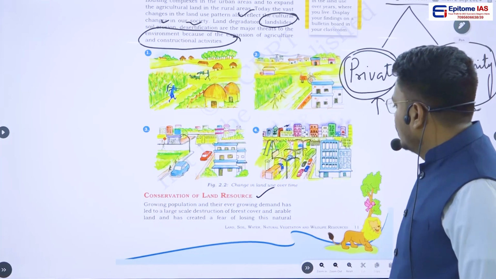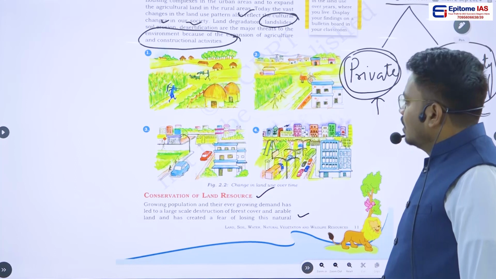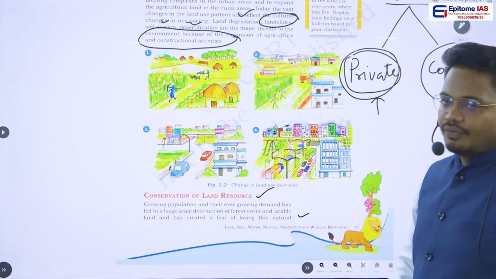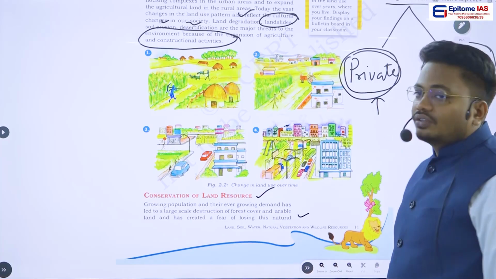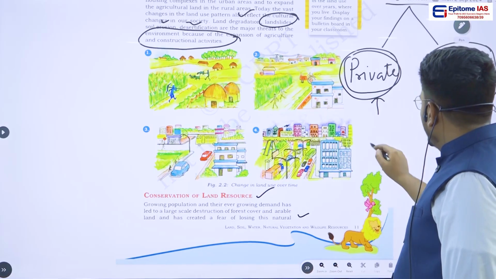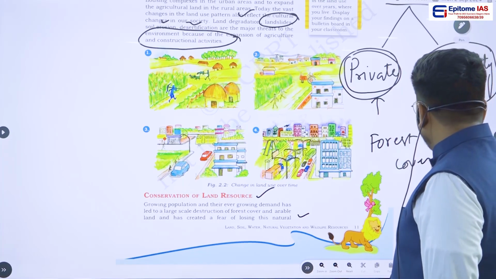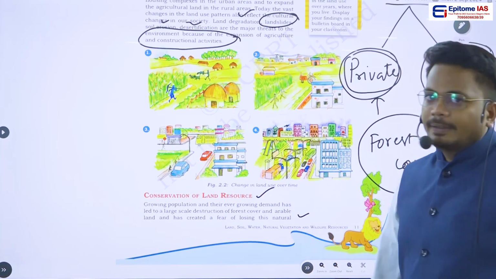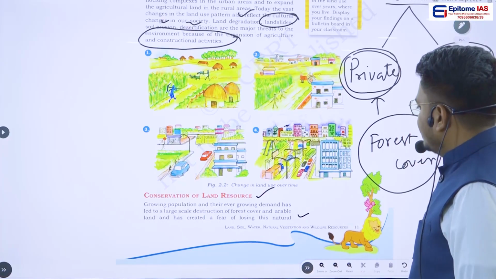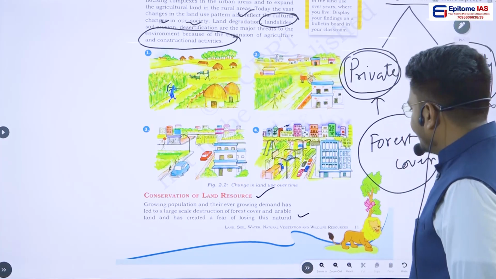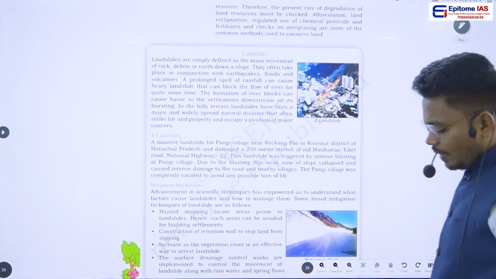That is one of the major problems. Because of this large scale destruction of forest, obviously we will be losing forest cover. So when forest cover is lost, there would be climatic changes, and because of those climatic changes, disasters would be happening.